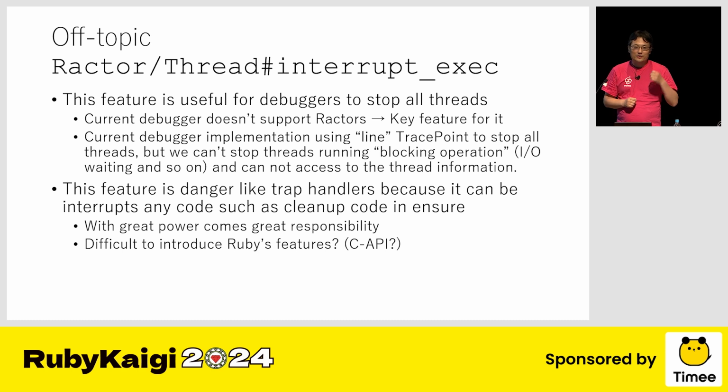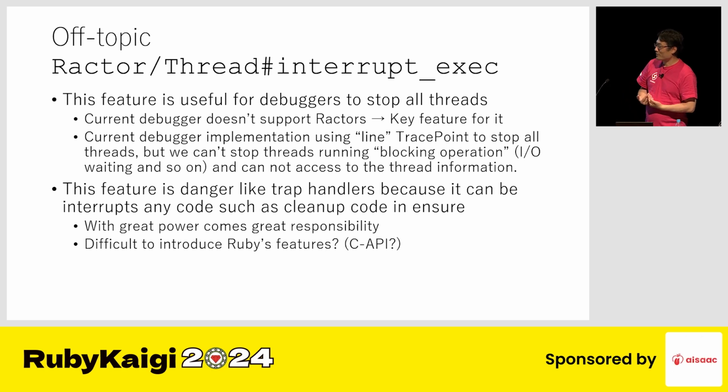And we also can't stop all threads in other Ractors. So just now, the debugger doesn't support Ractor. I believe that this feature, the interrupt exec method, is a good feature to support Ractors in the debugger.